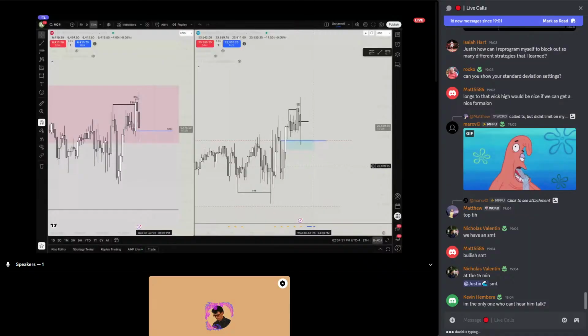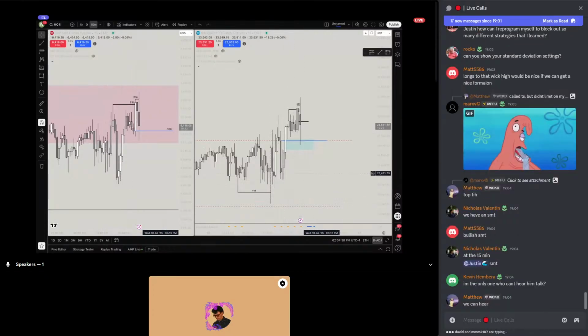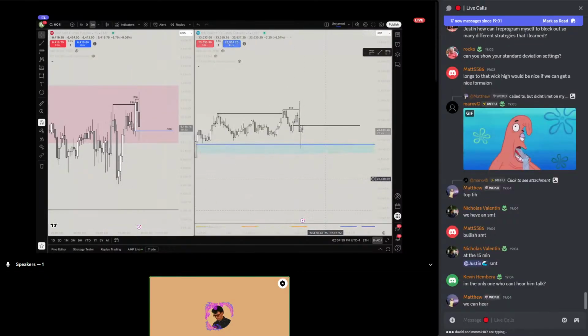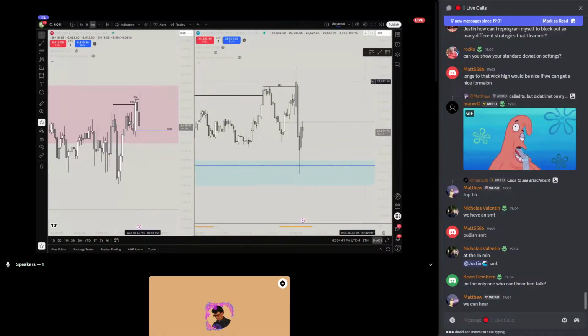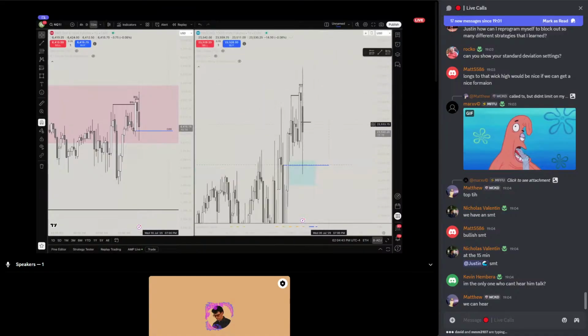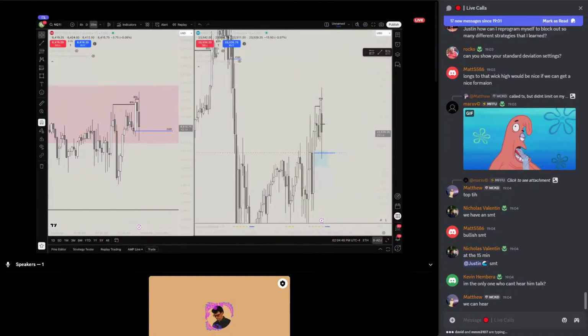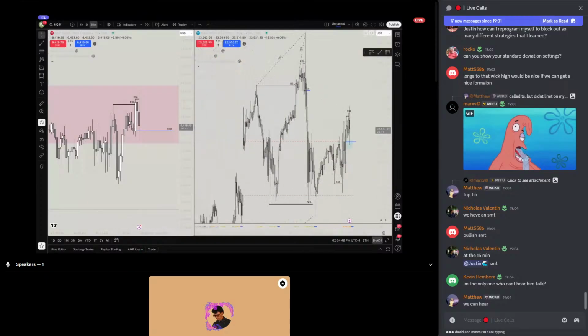Strong reaction. What's ES saying? And then we can just use standard deviation to create the TP. But I don't think there's entry yet, especially on the 1 minute.